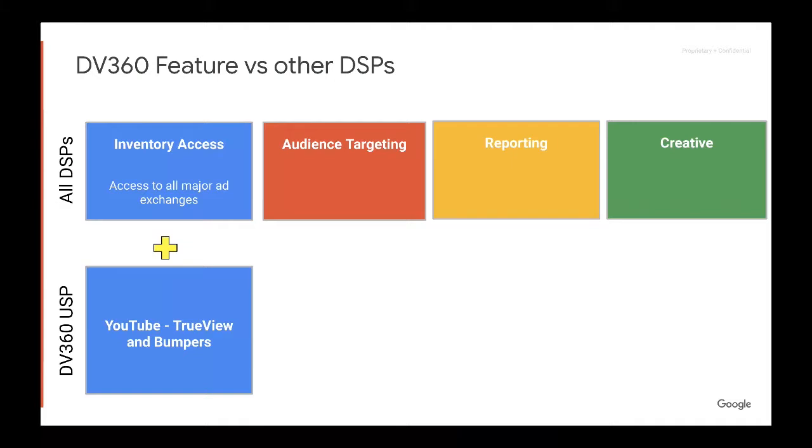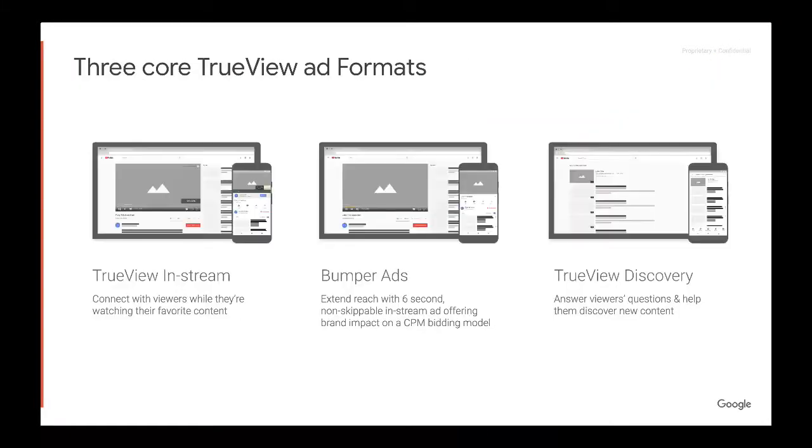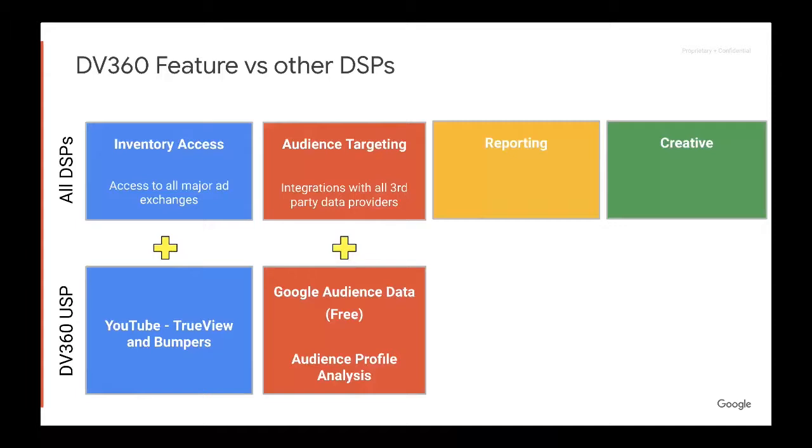For inventories, DV360 is the only DSP where you can buy YouTube inventories. We have the TrueView and Bumper Ads inventories. There are 3 core ad formats in our DV360 platform: TrueView in-stream, Bumper Ads, and TrueView Discovery.